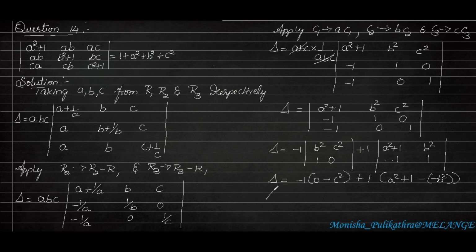So we will get delta is equal to minus 1 into c square, plus 1 into a square plus 1 plus b square. We will get the answer as 1 plus a square plus b square plus c square. That is the thing we need to prove here. So write it down, hence proved.